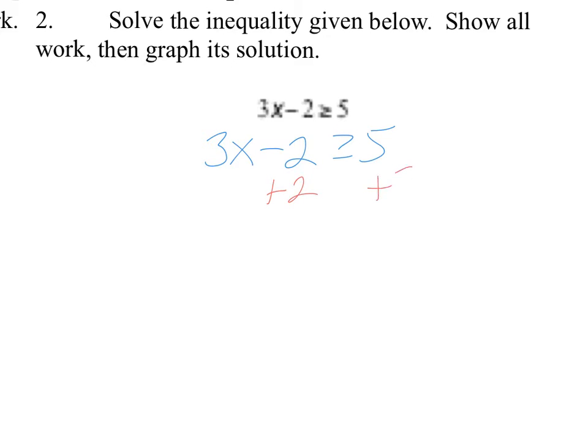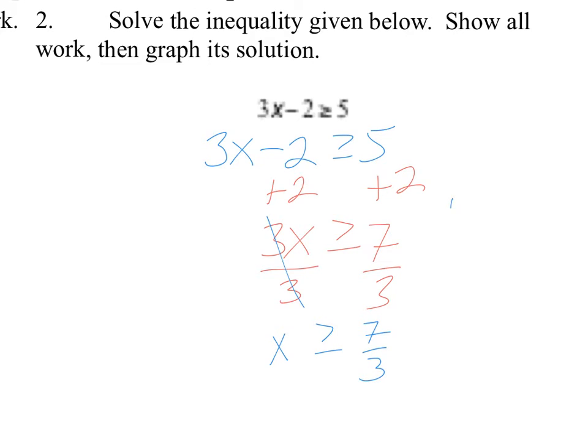So plus 2, plus 2. 3x is greater than or equal to 7. And to get rid of this 3 in front of the 3x, I'm going to divide both sides by 3. I'm left with x, because 3 divided by 3 is 1, is greater than or equal to 7/3.